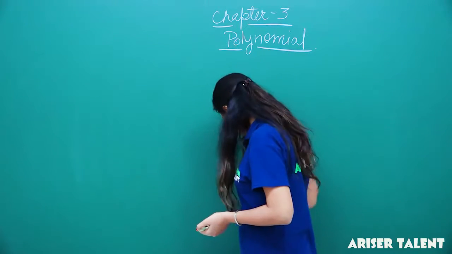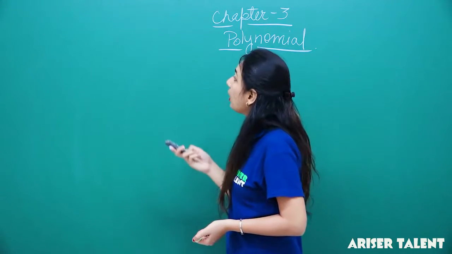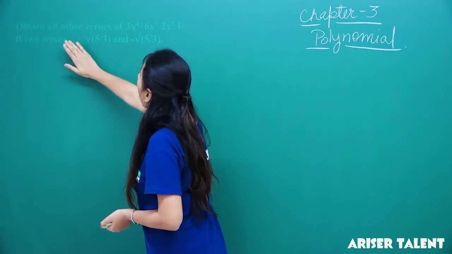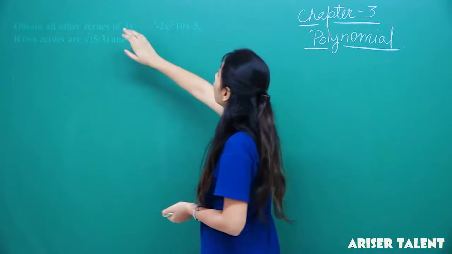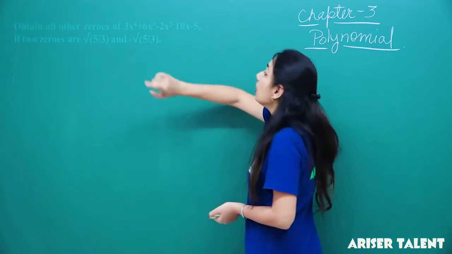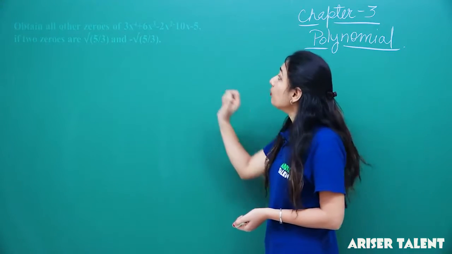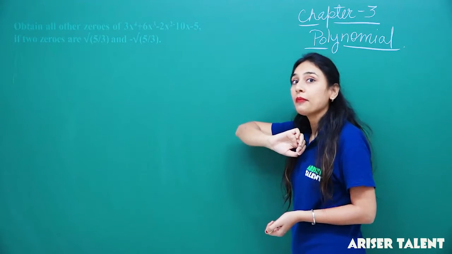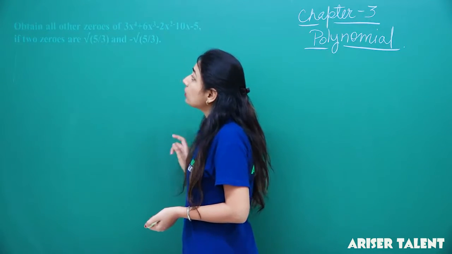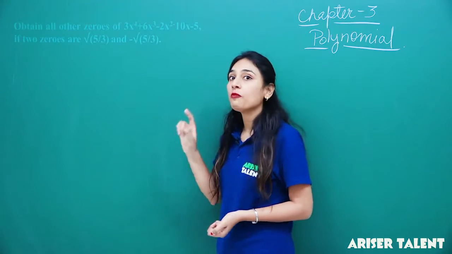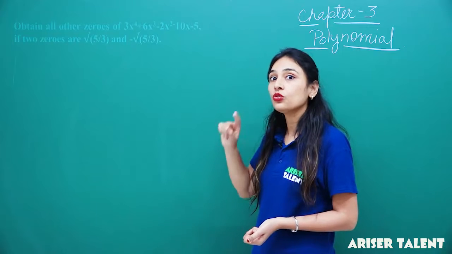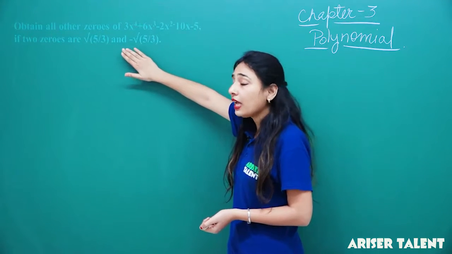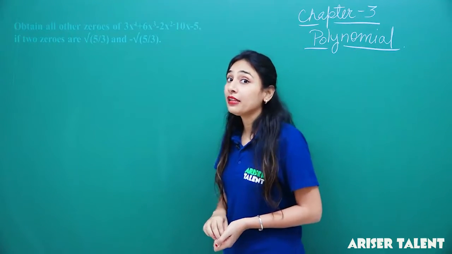I have told you to solve a question and here it is. Obtain all other zeros of 3x to the power 4 plus 6x cube minus 2x square minus 10x minus 5, if two zeros are root 5 by 3 and minus root 5 by 3.